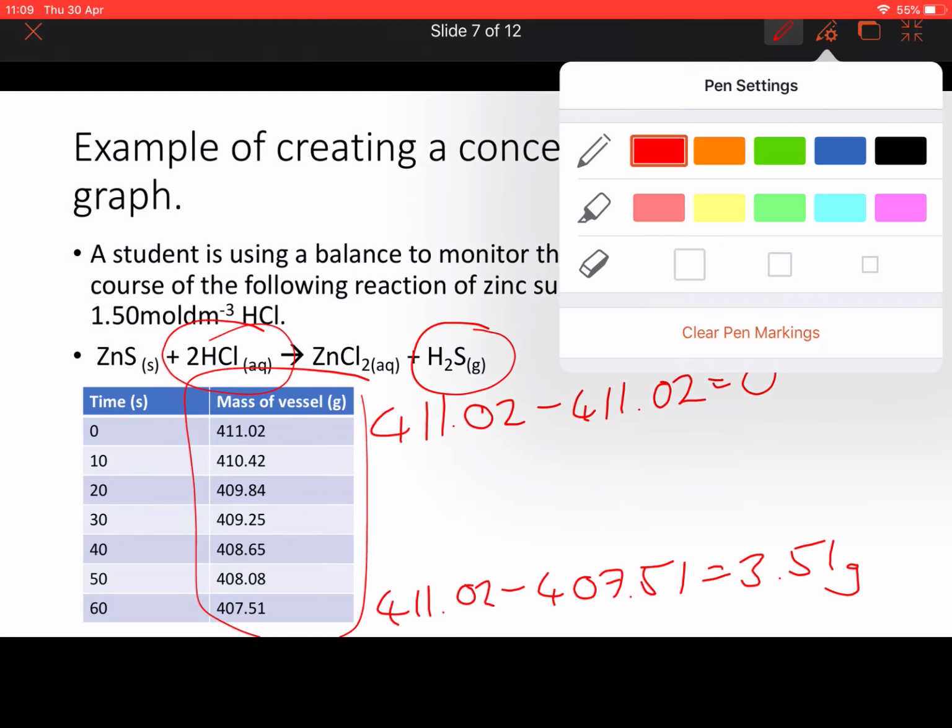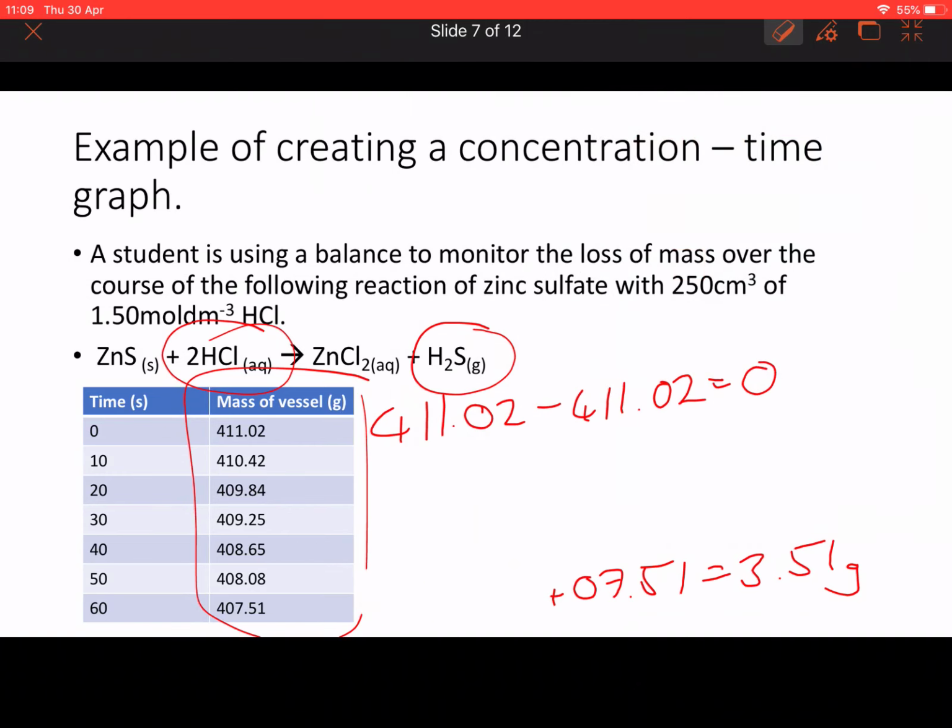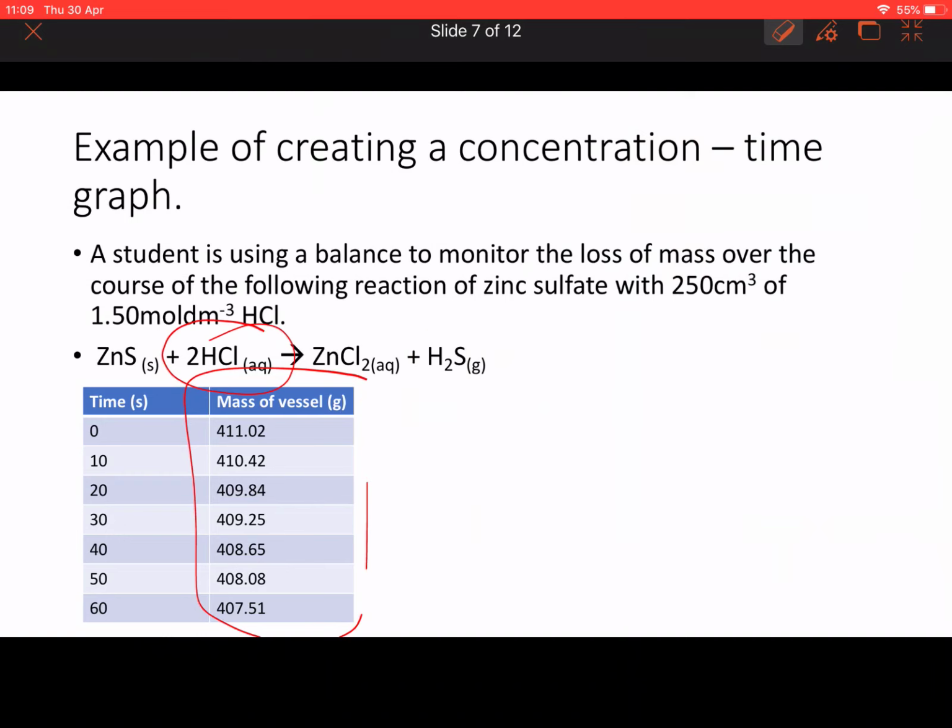Okay, once we have worked out the number of grams of hydrogen sulfide, we need to work out the number of moles of hydrogen sulfide that is.